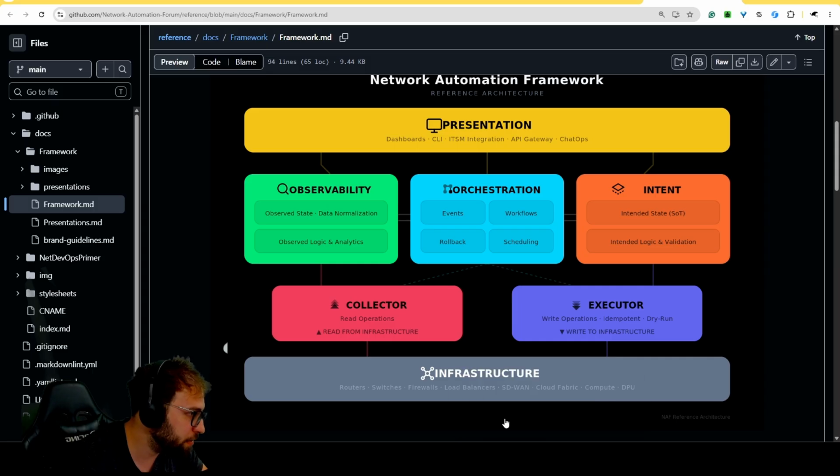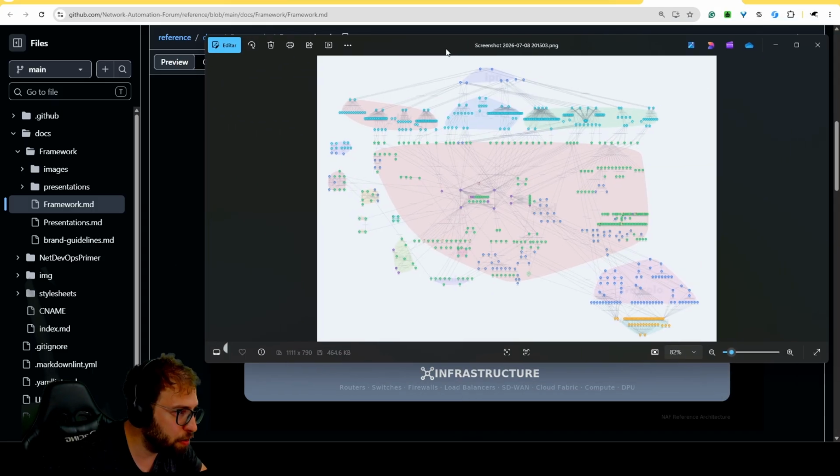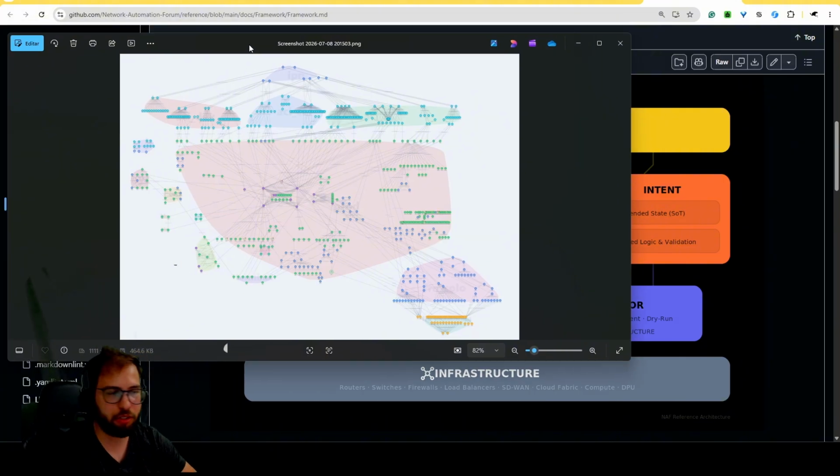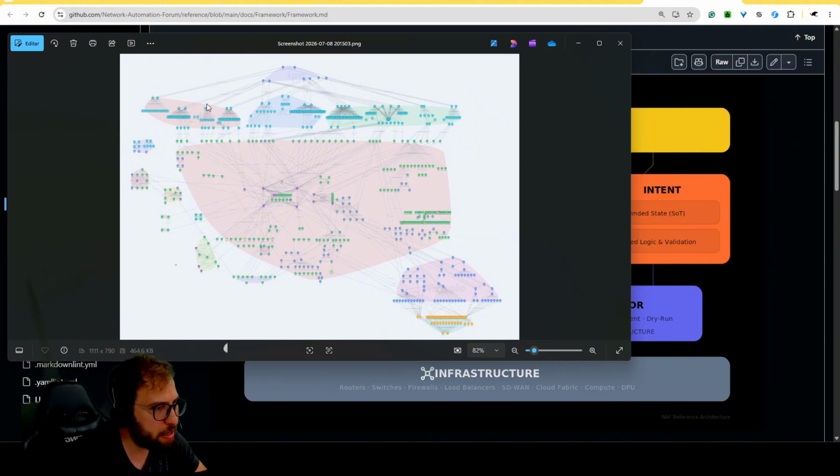Because think that you're going to have to automate and take care of a network that looks something like this. You have many data centers spread across the globe, right? With spine and leaf architecture, with their edges, with connections to different sites, to different environments, to a core.